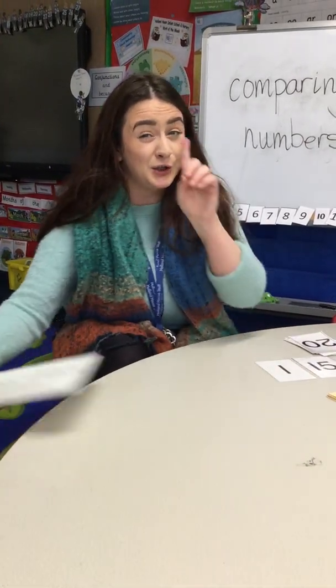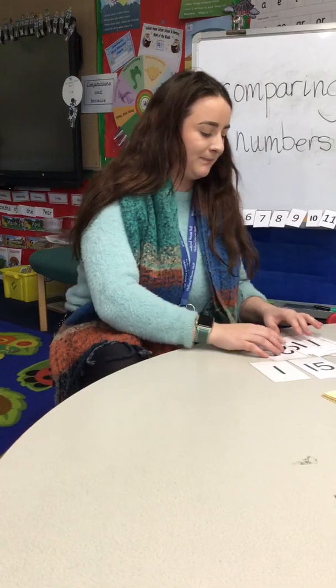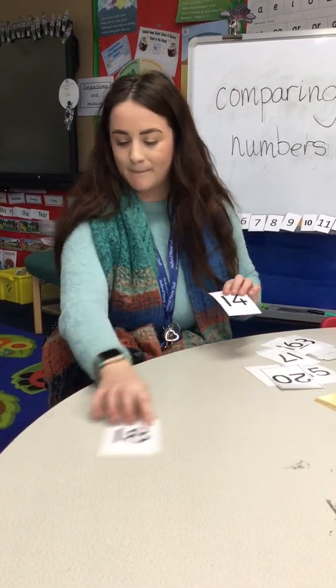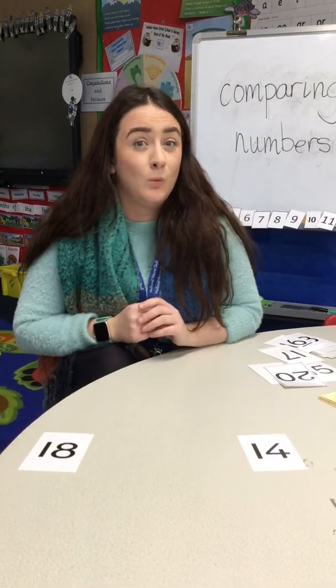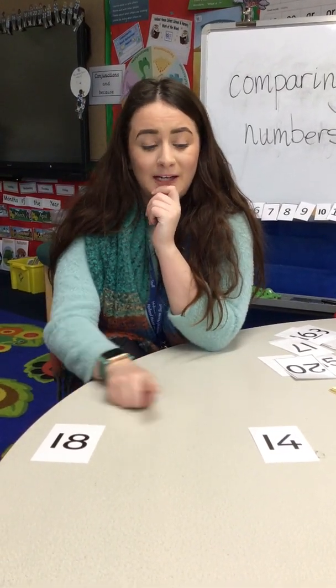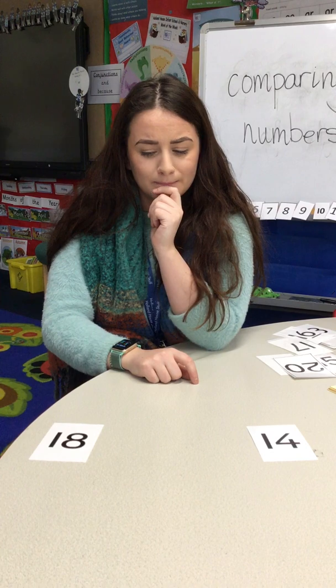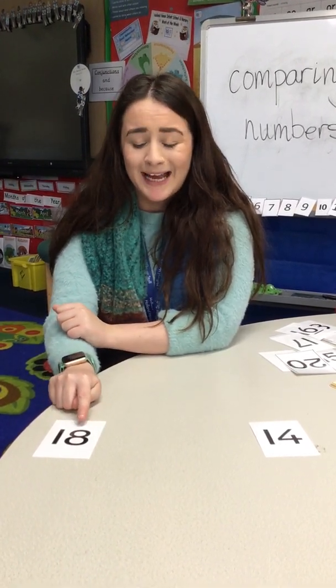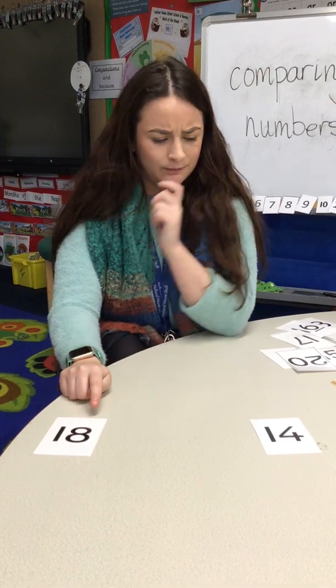Let's have a look at 2 more numbers before we go today. Oh, yes, I'm going to try this one. Wow, let's have a look. These are both teen numbers. This one has 1 10 and 8 units.